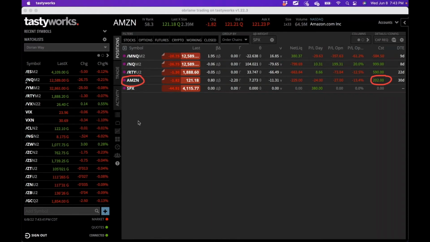So for example purposes, let's say we collected, this is the cost column here on the TastyWorks platform, we collect $200 for the trade. Okay? We collect $200 for the trade. So if the trade is down three times, so if you go three times that, that's going to equal $600. Okay? So if it's down $600, then that's how you can take your risk off the table. Okay, that's how you can take your risk off the table.